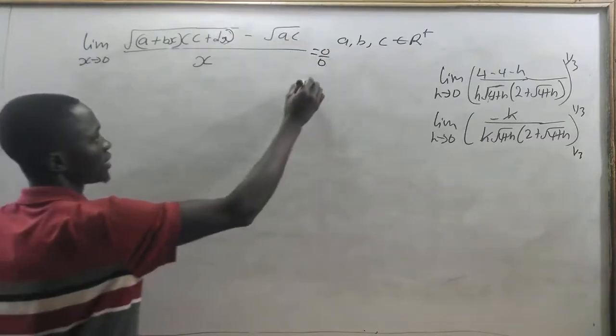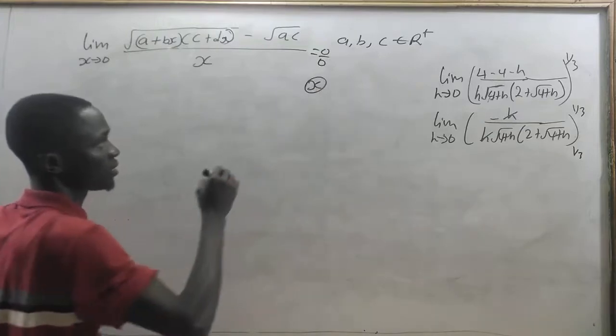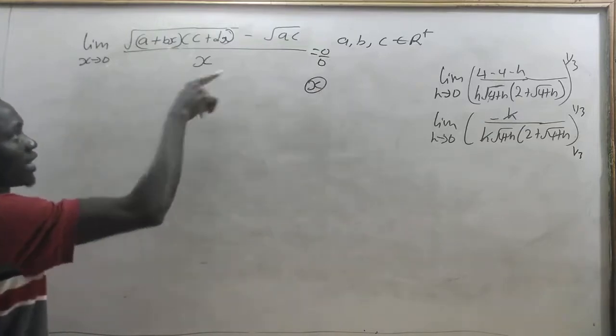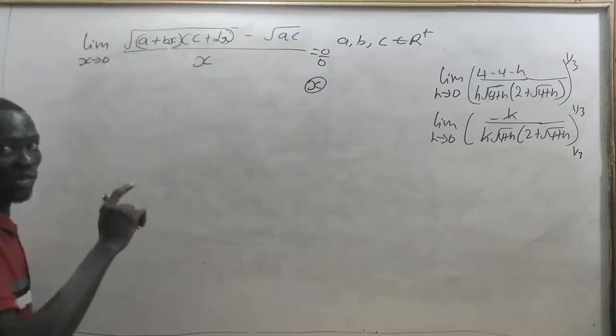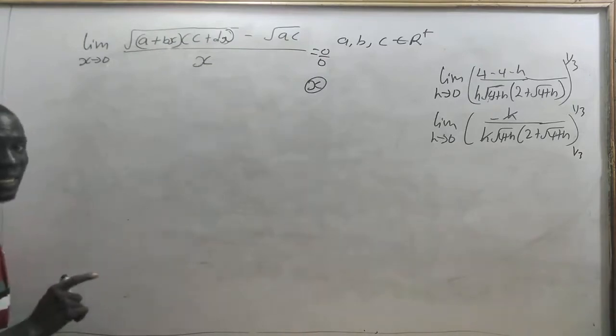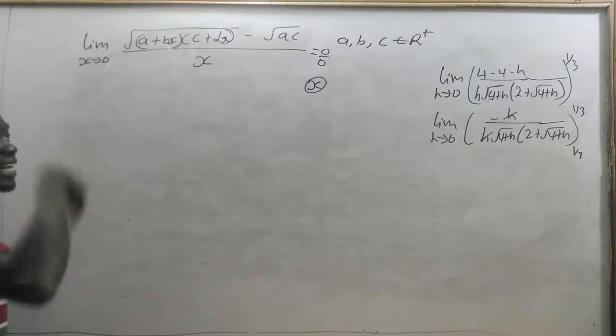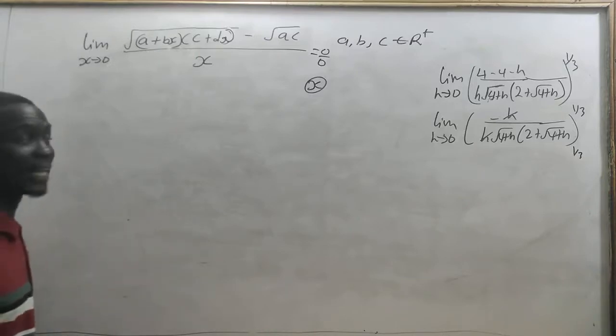So it means that x is a common factor, because if we put in x equal to 0, we are getting 0 divided by 0, and we have x at the denominator side. So let's see whether we can get x at the numerator and cancel the common factor x out.